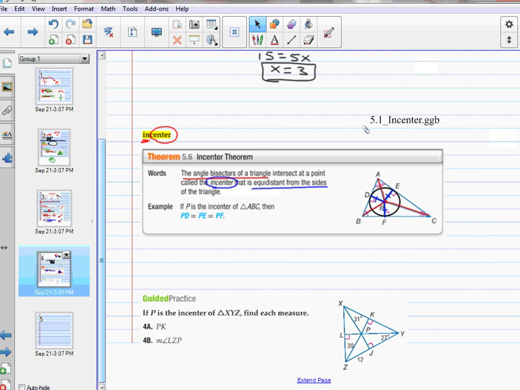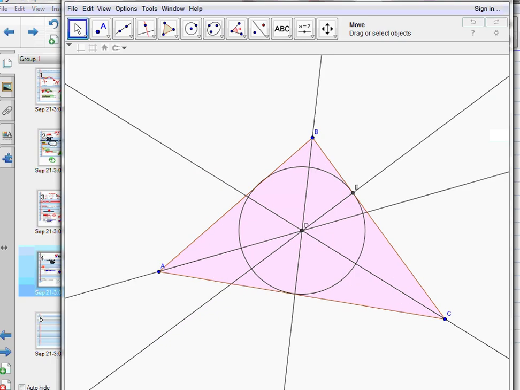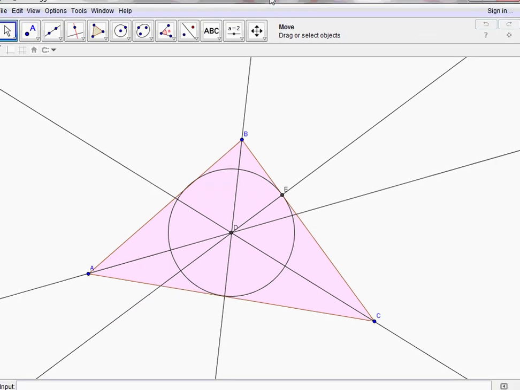We are going to see if that actually works, which of course it does because it was in our geometry book. So here I have, what did I draw originally? Angle bisectors. This line's an angle bisector of point C. Those are the original lines. They all connected at a point.